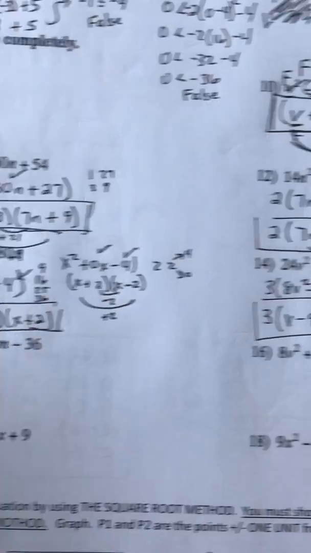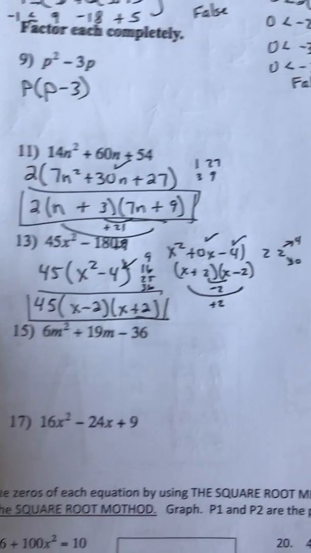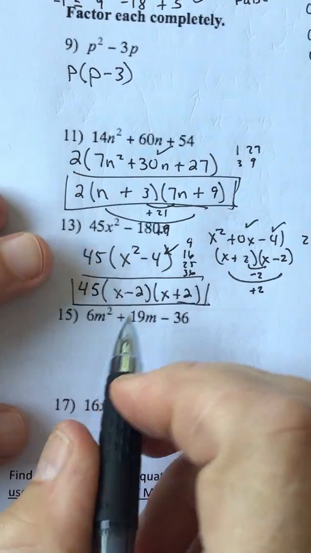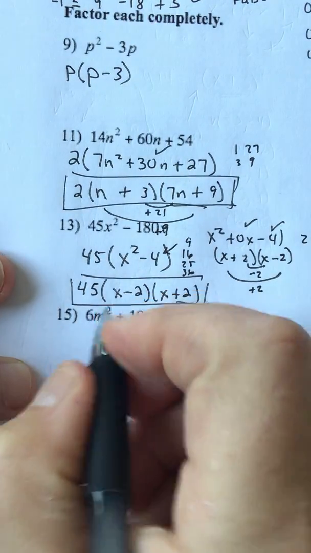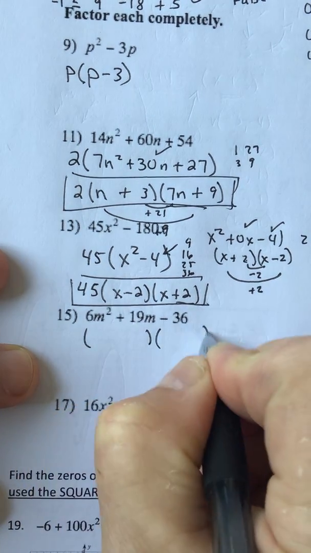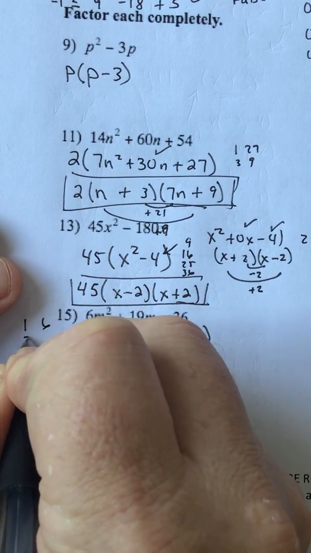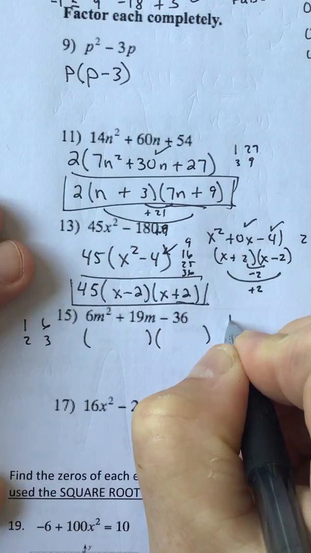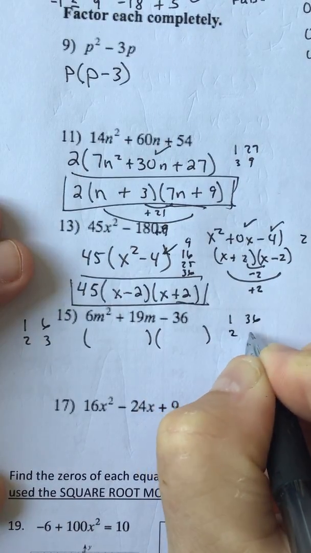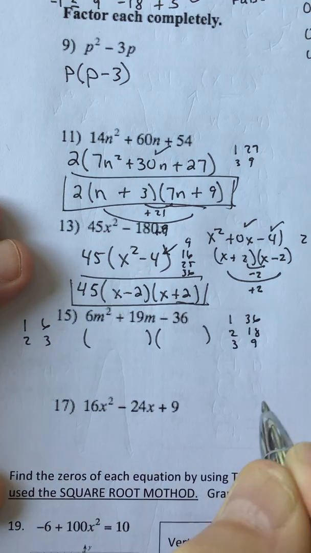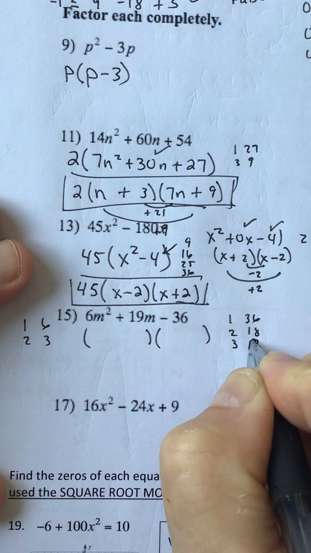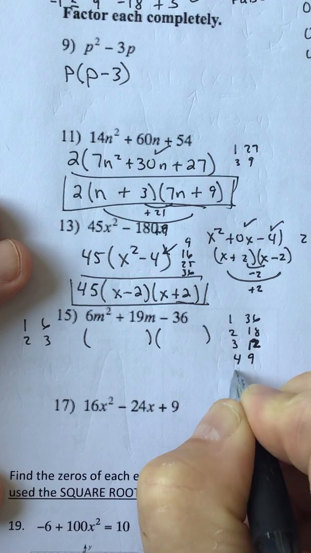15. Okay, it doesn't look like anything can divide out of there because of that 19, so I'll just give it a try. So 6 is either 1 and 6 or 2 and 3. 36 is 1 and 36, 2 and 18, 3 and 12, 4 and 9, and 6 and 6.